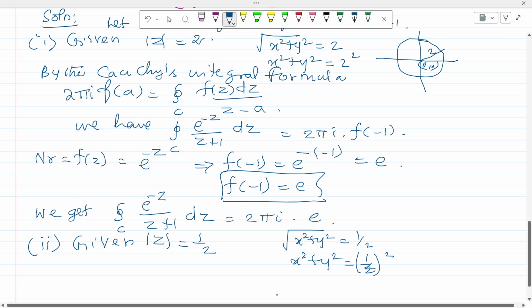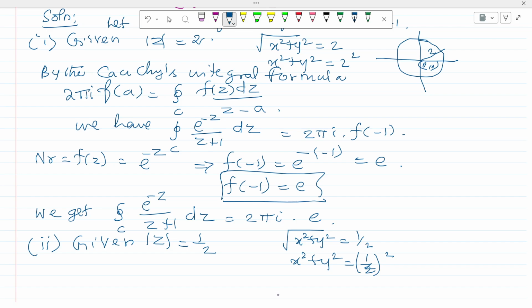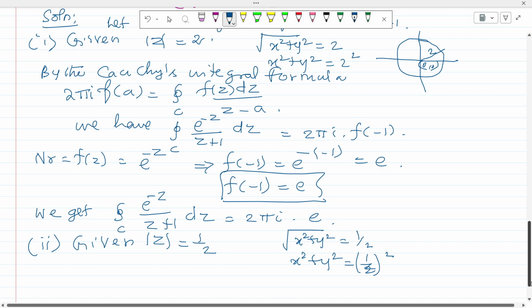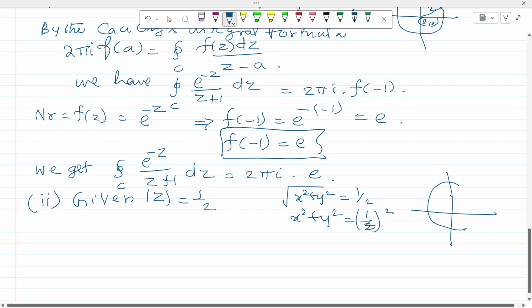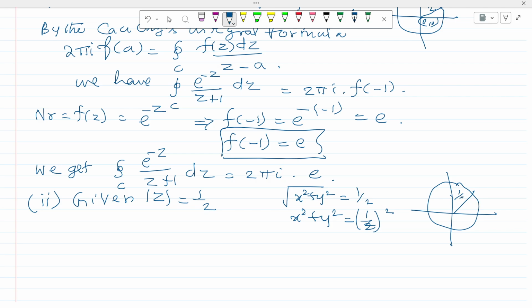It is an equation of the circle with the center at the origin and radius 1 by 2. Now you can draw the diagram for this. The radius is 1 by 2 and the center is 0 comma 0.